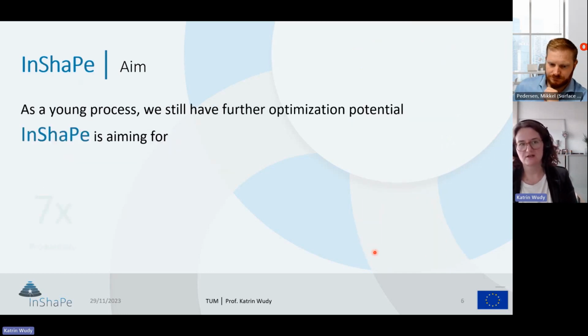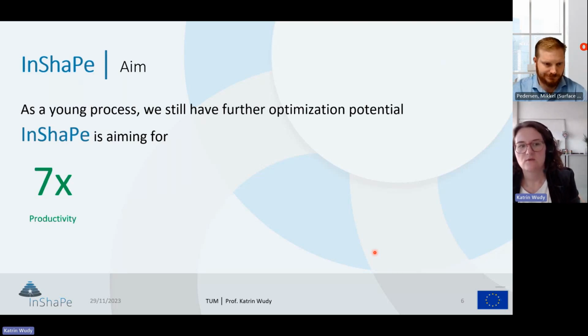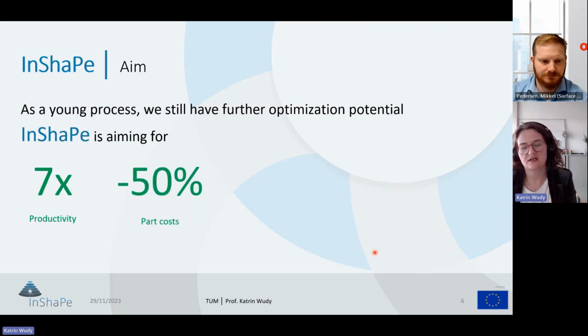The challenges we are addressing in the project are that we would like to increase the productivity by a factor of 7. This is one limitation in the state of the art. We would like to reduce the part costs by around 50% to make the additive manufacturing process attractive in general for other industries and new applications, for example.